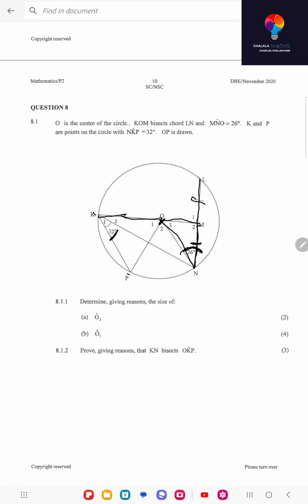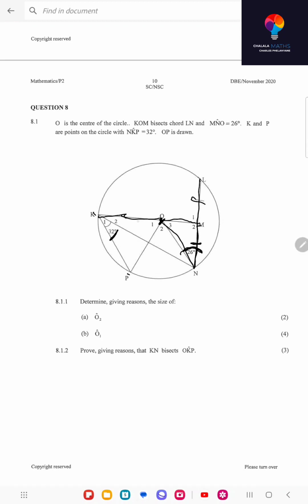So we know, guys, if there's a line that comes from the center of the circle to the circumference, that line is known as the radius.